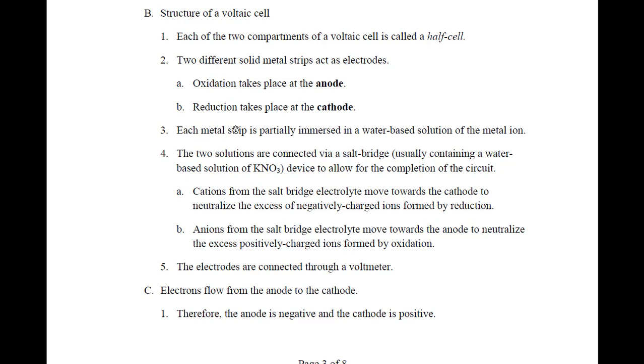Then each piece of metal strip is going to have an alligator clip connected to it, which is then connected to a voltmeter. And this completes the circuit, so now electricity can flow and be measured by the voltmeter.